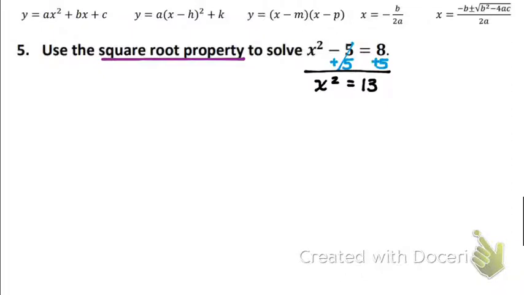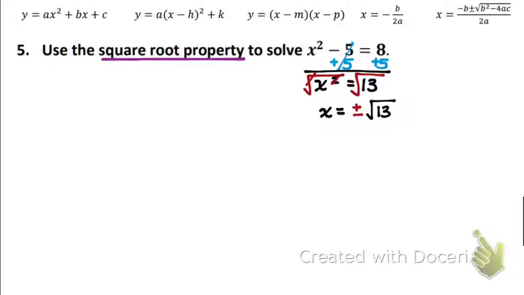What do I do now to get x all by itself? Square root, and if you do it to one side, you have to do it to the other side. So the squared and the square root cancel each other out. I get 2 answers from doing this, positive or negative, square root of 13. Is square root of 13 one of those numbers that you know the square root of?